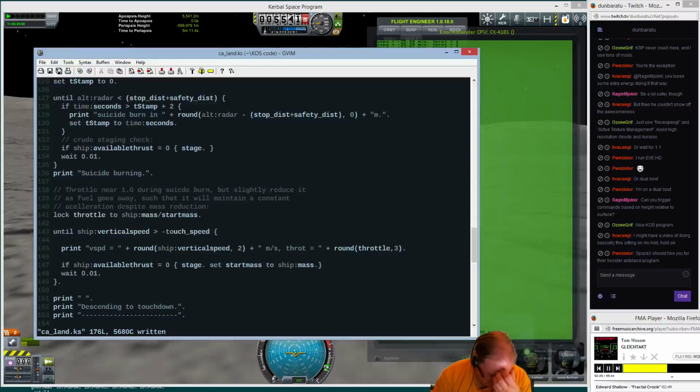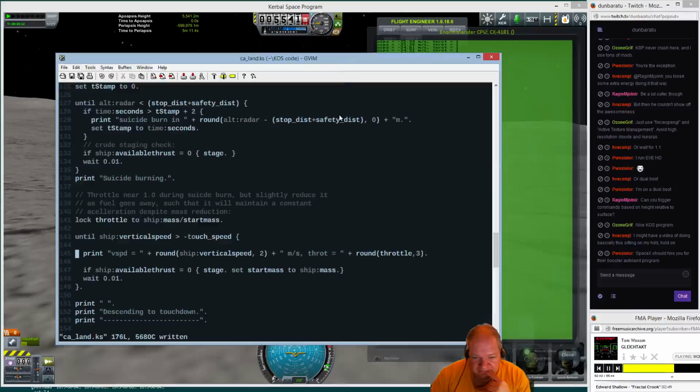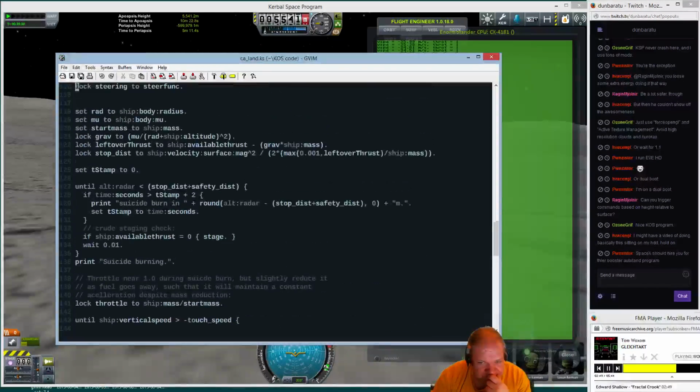I suppose it could be monitoring my acceleration by checking my vertical speed each iteration and seeing how it's doing. But I still would like to know why this doesn't work. This should work. Unless leftover thrust.